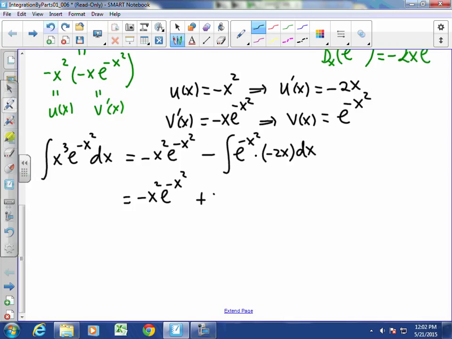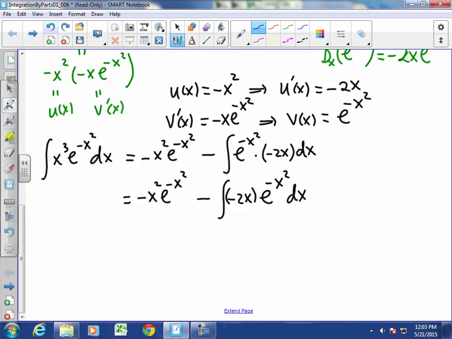Just keeping the minus as it is, the integral of negative 2x e to the negative x squared dx.